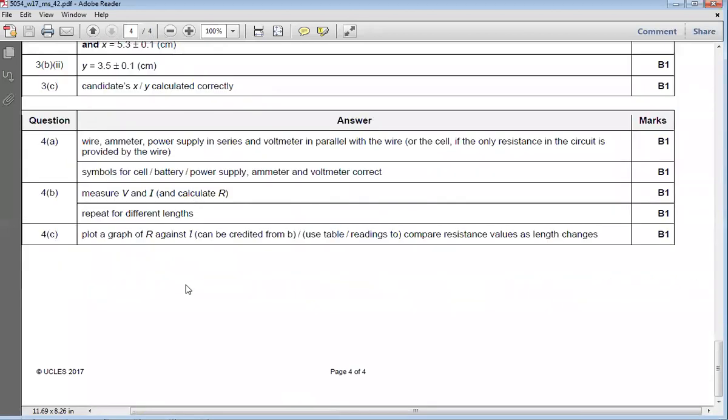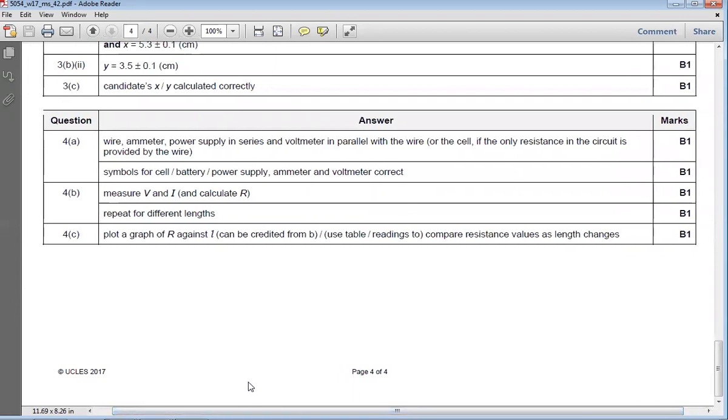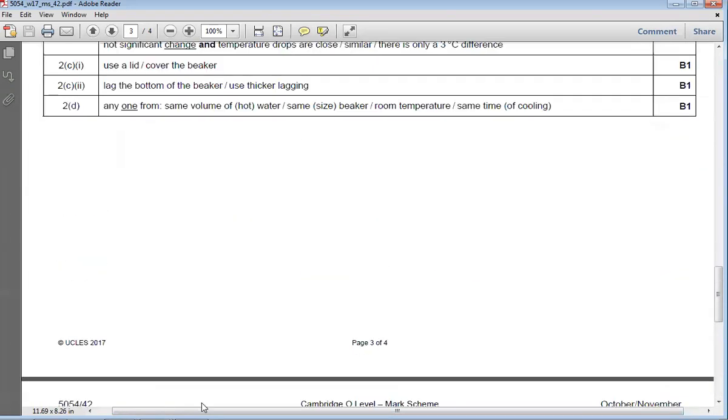Okay, so what you can do, you can pause the video and take your time and read this marking scheme for question number 4 carefully, and you can see that it's very important to always check your answers and compare your answers with the marking schemes issued by the University of Cambridge.